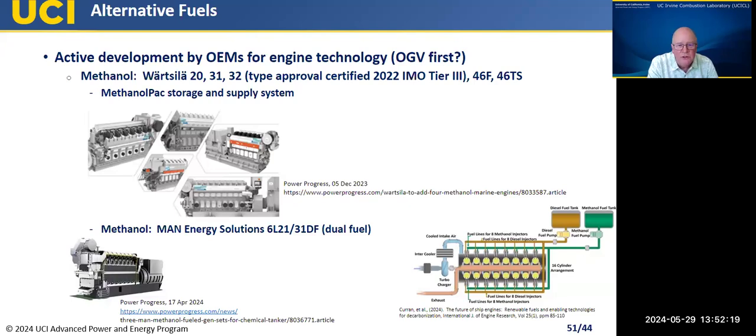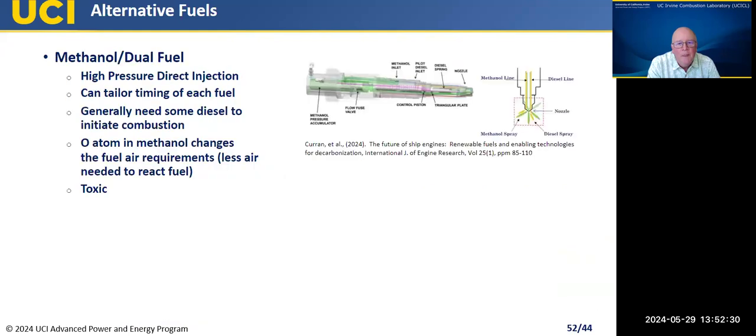MAN Energy Solutions also offers a dual fuel unit. These are very new, but they're coming, they're available. Next slide. This just shows some details of a dual fuel injector, again speaking to a need to evolve the combustion technology. Next slide.